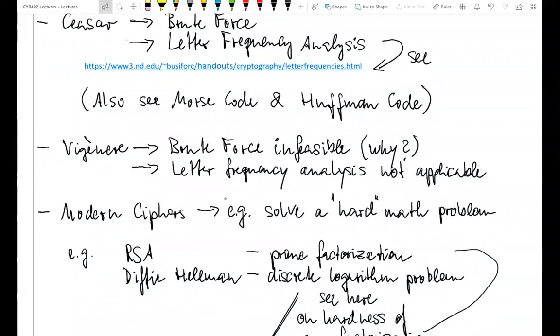Brute force seems to be infeasible. It depends on the key lengths, of course. The longer the key, the more infeasible brute force becomes. And letter frequency analysis is not applicable, or at least very, very hard to do, because the same letter is potentially being encrypted with different ciphertext letters.